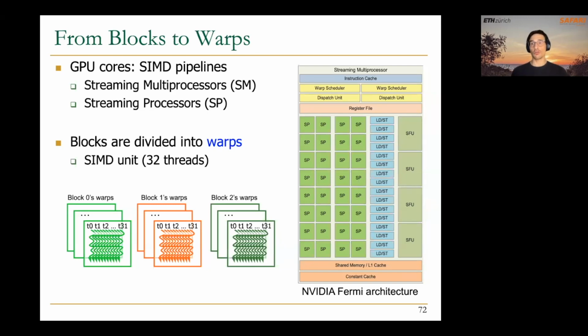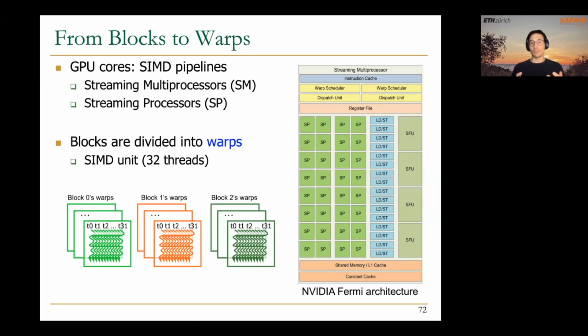Continuing with the execution of threads on the GPU hardware, I was just saying that when we write our program, we organize our threads in thread blocks, or blocks of threads. When these blocks go to the hardware and have to be executed on the GPU core, on the streaming multiprocessor, here we have an example, streaming multiprocessors from the old NVIDIA Fermi architecture. These blocks are assigned, complete blocks, to the cores, and inside the cores, these blocks are decomposed into warps of 32 threads.